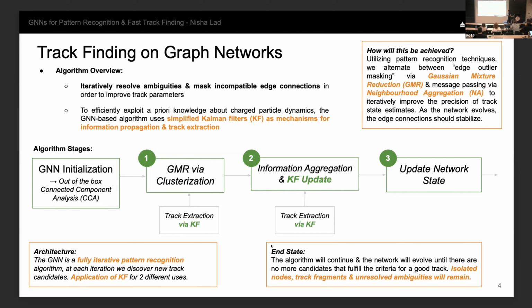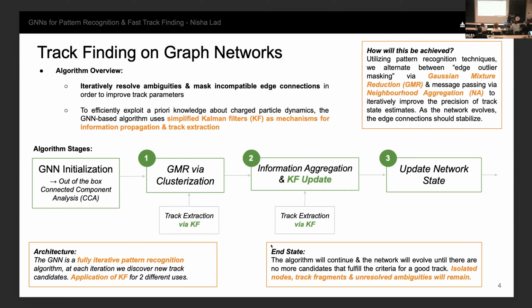So this is where we model a node and its neighborhood of edge connections as a mixture of Gaussian components. So each edge, each hit pair connection, is modeled as a Gaussian. And then as we have a mixture, we try to reduce this mixture by masking any obvious outlier connections via a clustering algorithm.